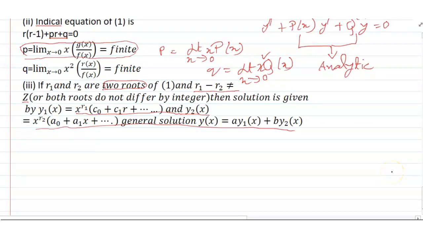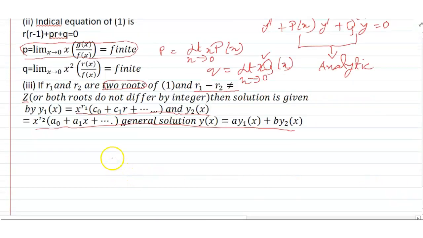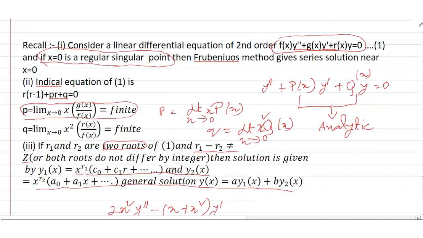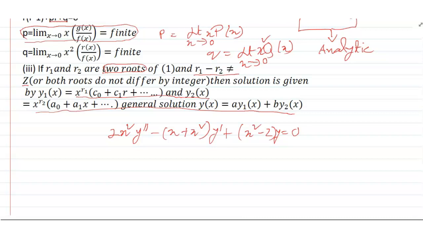So let's start to solve this problem, friends. You will see that I write the formula at first: 2x square y double dash minus x plus x square y dash plus x square minus 2 equals to 0 times y.